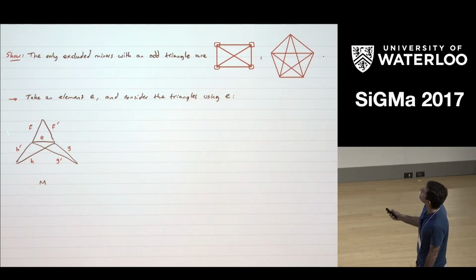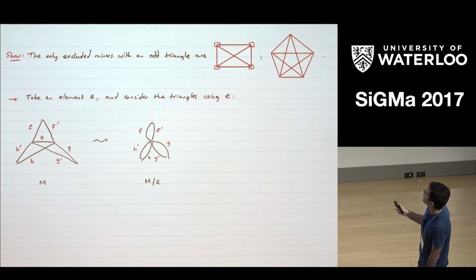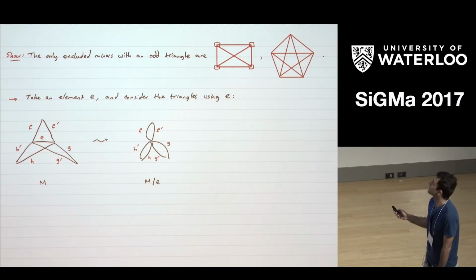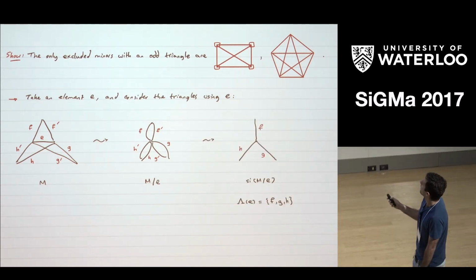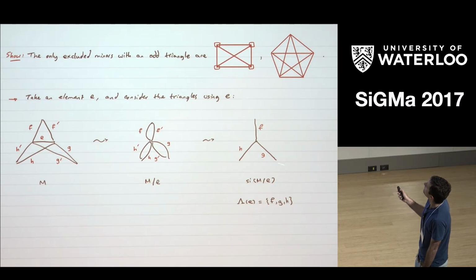What I'm going to do is contract the element E. I'll get this. And the fact that M was simple and every element was in 3 triangles tells you that aside from these 3 parallel classes, everything else is simple. So I'll just keep one edge from every class, and then I'll get the simplification. I'll refer to F, G, and H as lambda of E. So for every element E, I can associate with it a set of 3 elements that I'll call lambda of E.